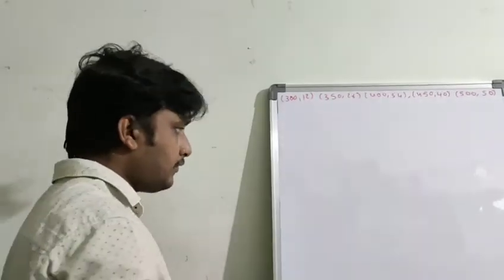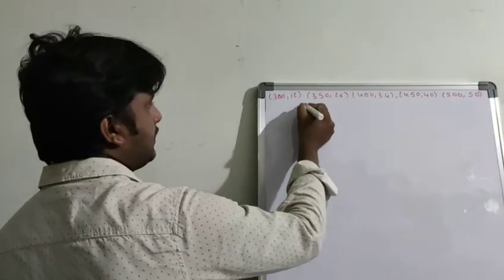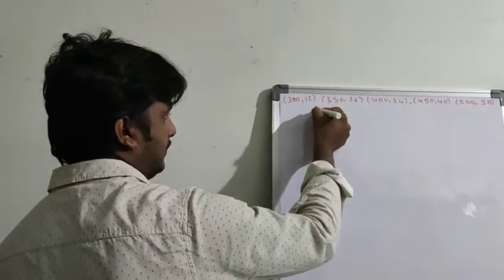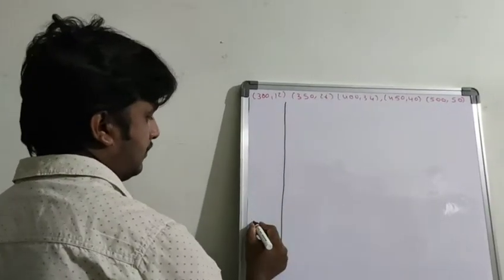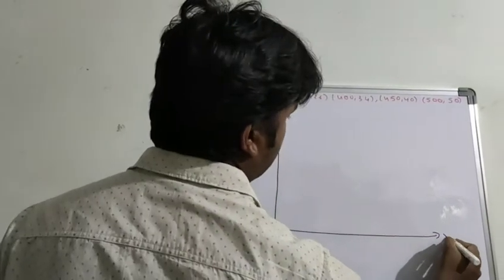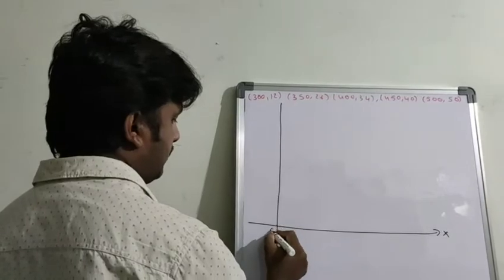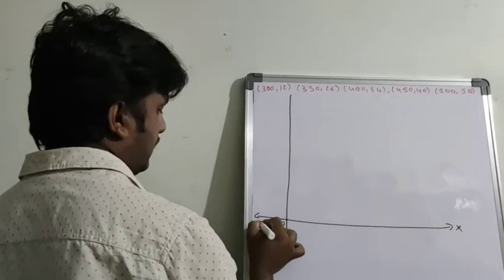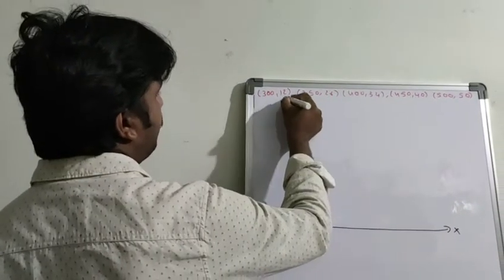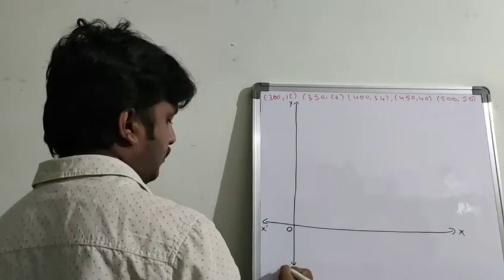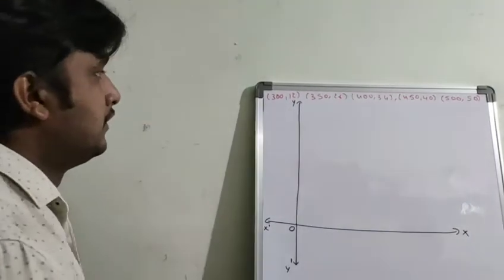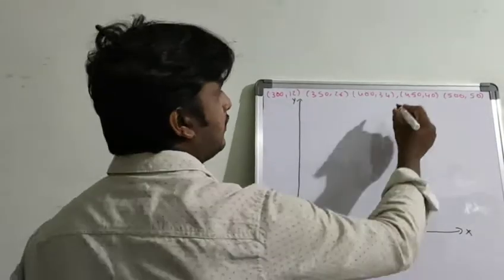So see, first the x-axis and y-axis. This is X, this is the origin O, X dash. This is Y and YOY dash. Now the scale.